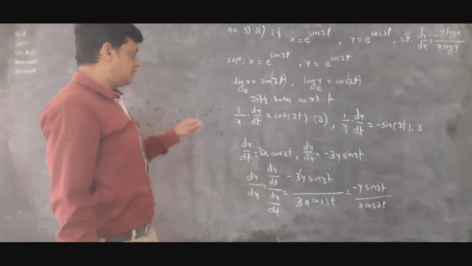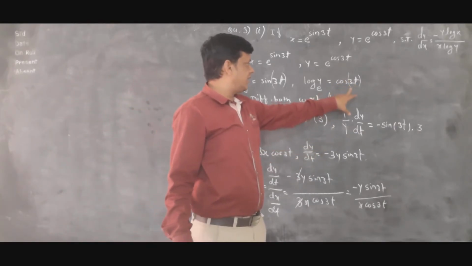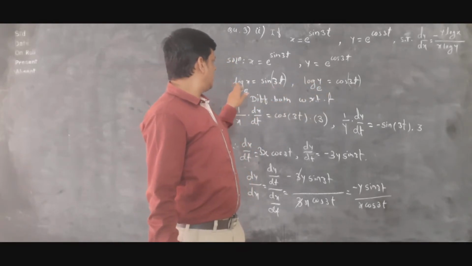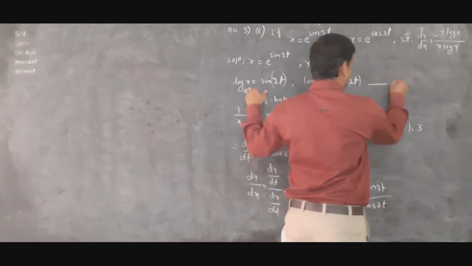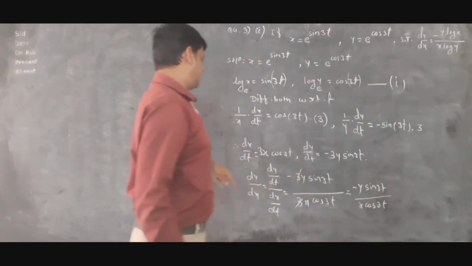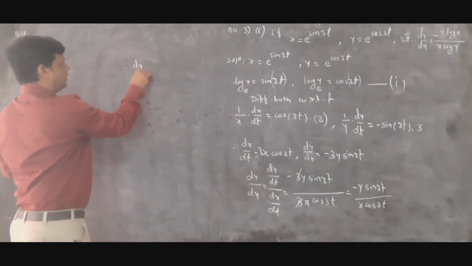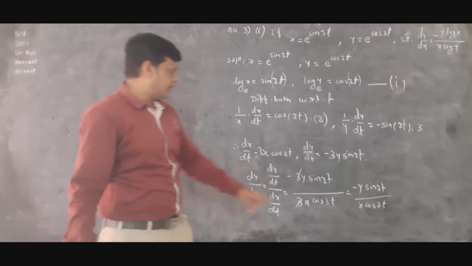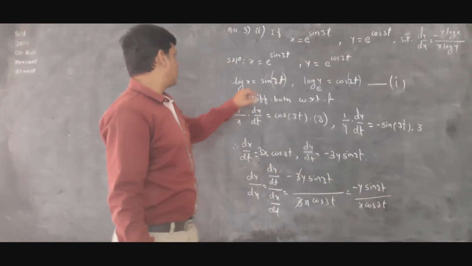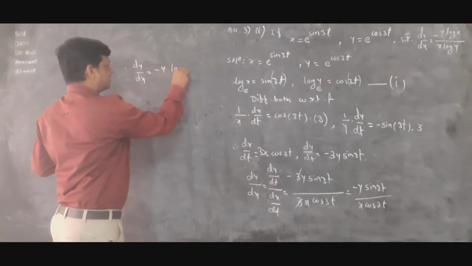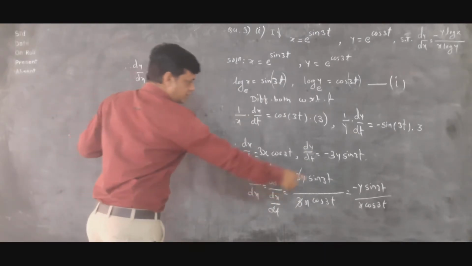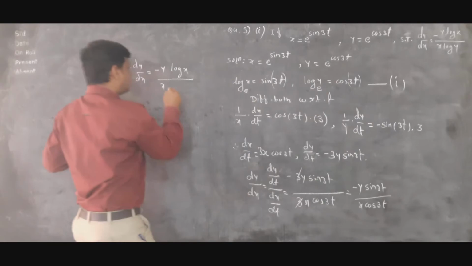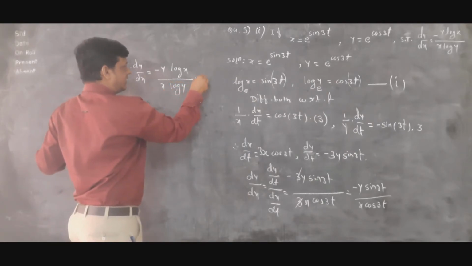Now if you observe, this cos 3t we replace by log y and this sin 3t we replace by log x, so we denote this as equation number 1. So dy by dx is equal to minus y into, we replace this sin 3t by log x, so minus y into log x upon this x as it is, and the value of this cos 3t we replace by log y, from equation 1.